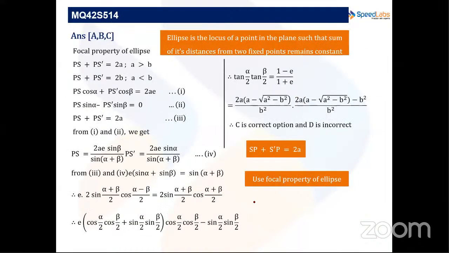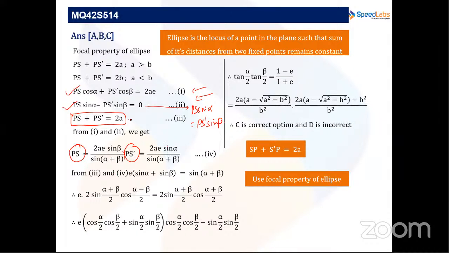Now, similarly, PS cos alpha plus PS dash cos beta equals to 2ae and PS sin alpha will be equals to PS dash sin beta. And we are having PS plus PS dash equals to 2a. On solving these equations, we will get the value of PS and PS dash.